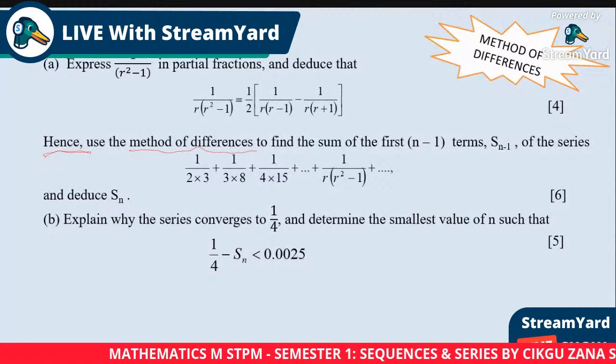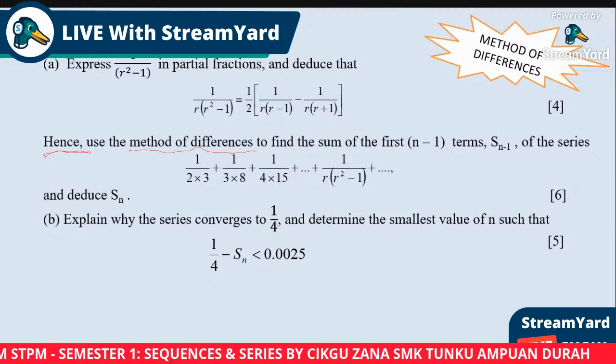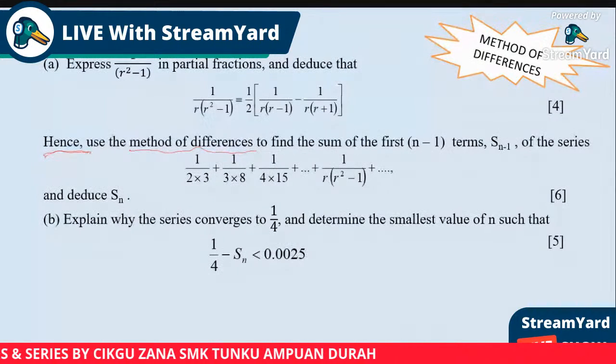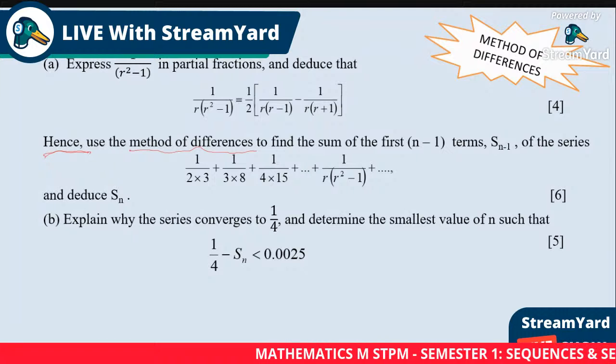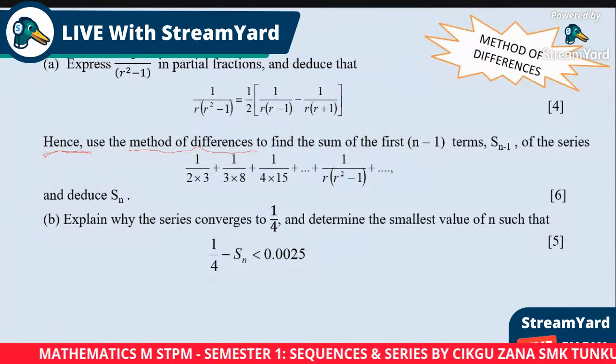So you must use this partial fraction and methods of difference to find the sum of the first n minus 1 terms, not use partial fractions and the elimination method. So most of you lost 5 marks. Many. This is 15 marks.